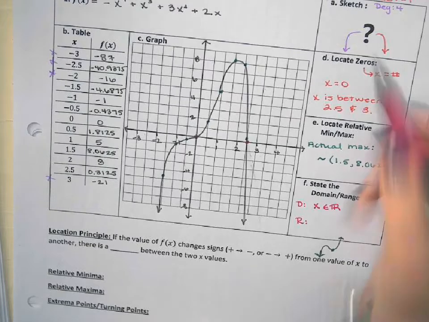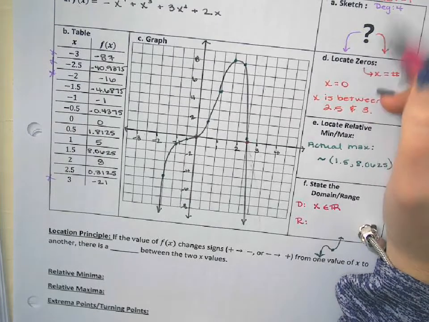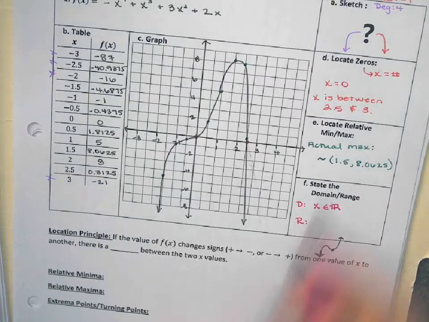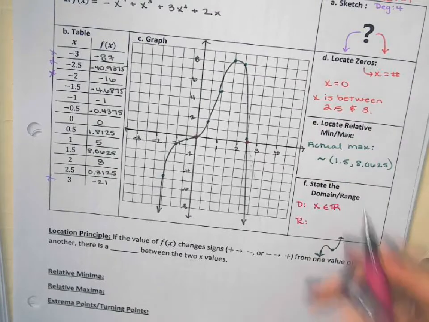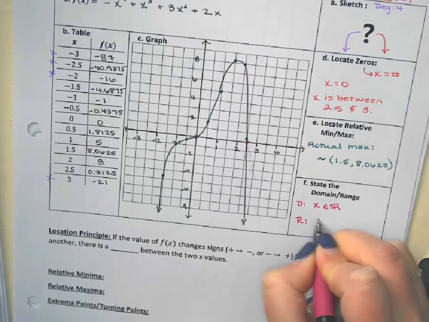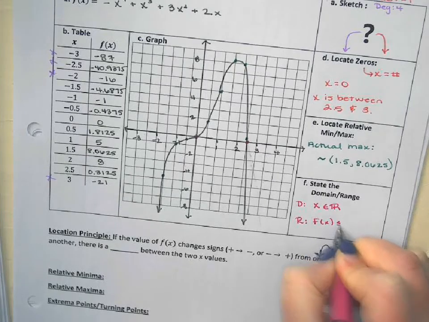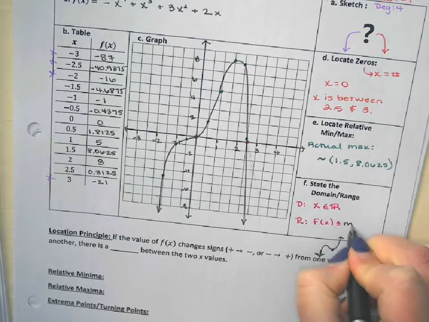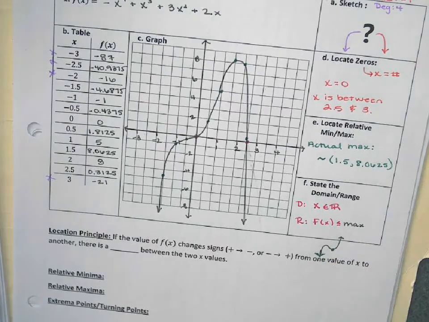Now your range, though, does not go both up and down. Okay? So your range here has a maximum. Before we wrote it as y, or f of x, is less than or equal to max, and we didn't worry about what that maximum was.